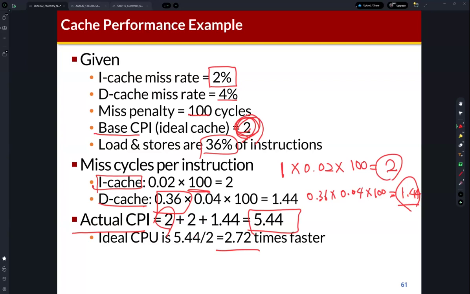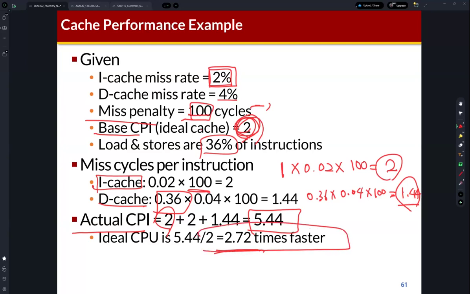Then you can observe that the cache miss rate is very low, just 2% and just 4%, right? It's very low. And the 100 cycle miss penalty is also actually low. In order to calculate the real miss penalty is very complex, but the 100 cycle is low.